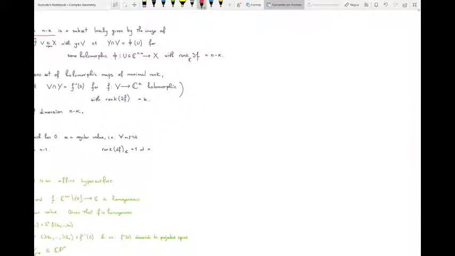So if you have X, let's say that this is X, and you have Y here, it's a subset, then you can find around the point little y in Y, so that's little y, an open set V inside X such that V intersect Y is the image of a holomorphic map from some open set.